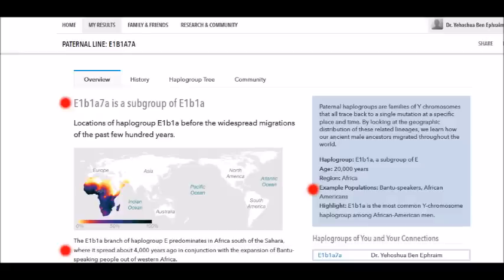But anyway, scroll down here and it says the E1B1A is a branch of haplogroup E. Predominates Africa and south of the Sahara, where it spread about 4,000 years ago. So that's that Bantu speech, in conjunction with the expansion of Bantu-speaking people out of Western Africa. But it doesn't say where it originated. Now you just won't find that.